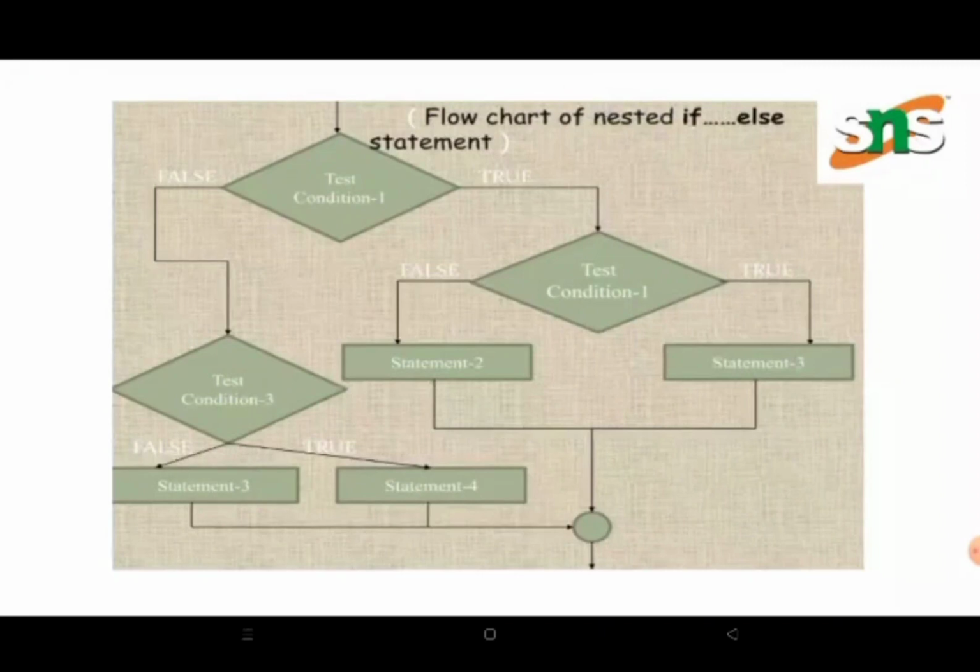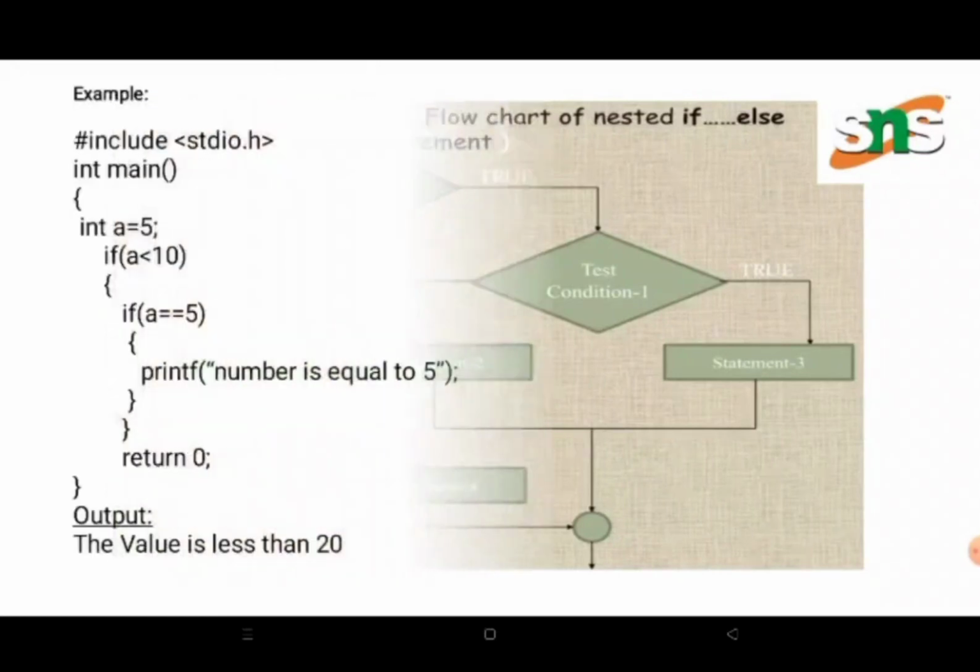Next we see the flowchart of the nested if else statement. First test condition 1. If it is true, it goes to the next condition. If that is true, it will print the statement, otherwise it will go to the false statement. So using one if statement within another is called a nested if statement.